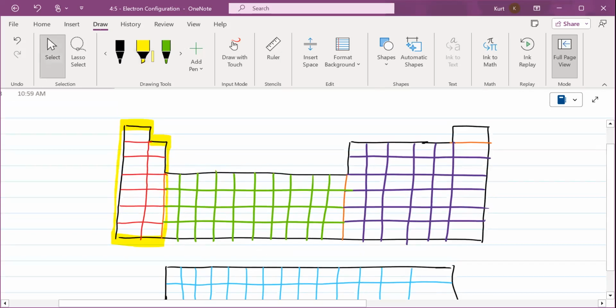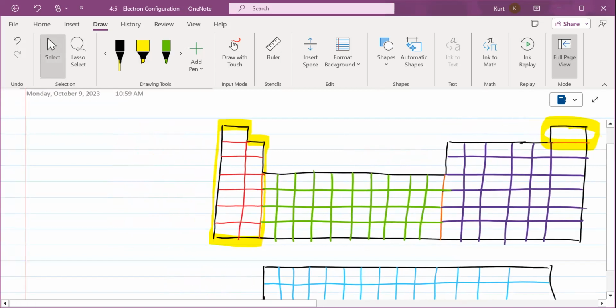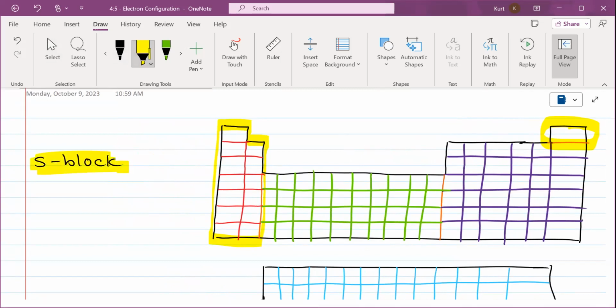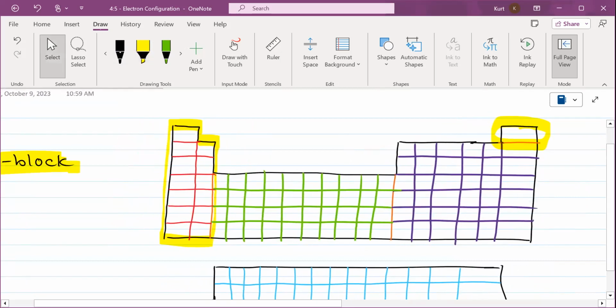Helium over here. This is called the S block. It is columns 1 and 2.